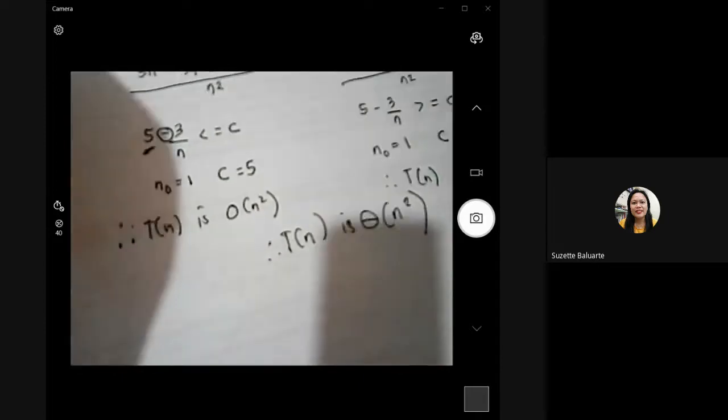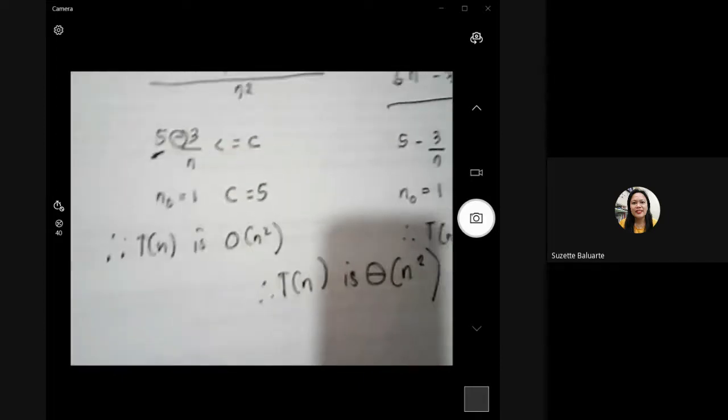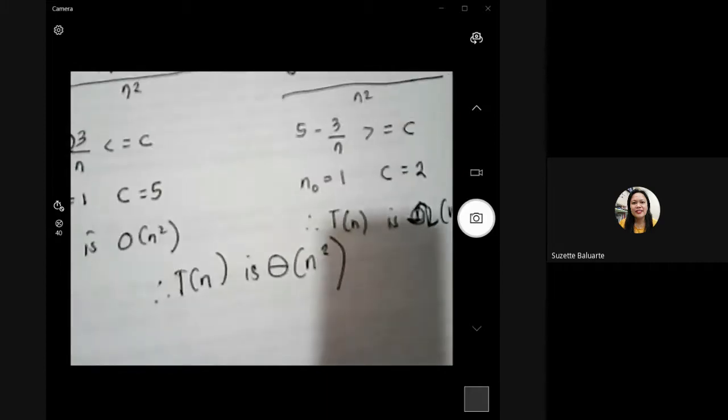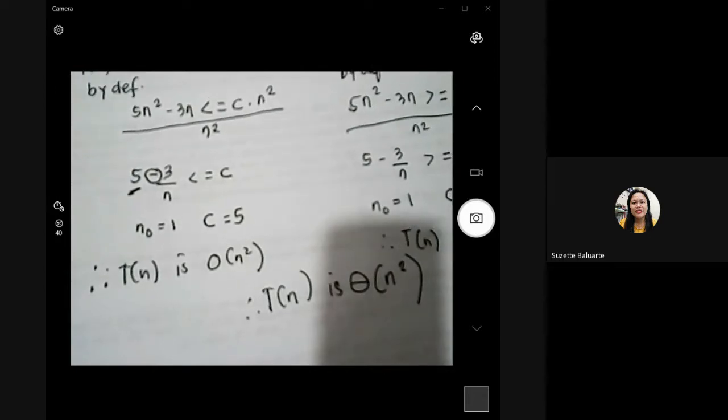Sige, question. So, big O siya of n squared and big omega siya of n squared pod. Therefore, big theta siya of n squared.